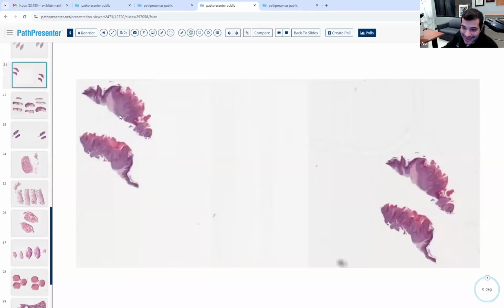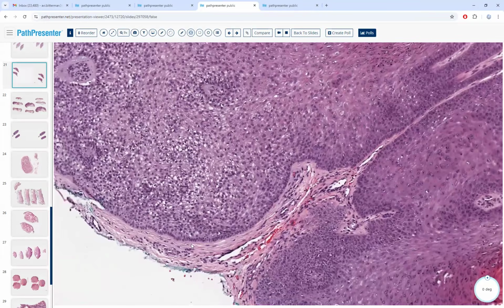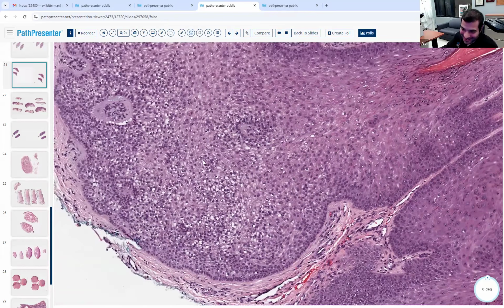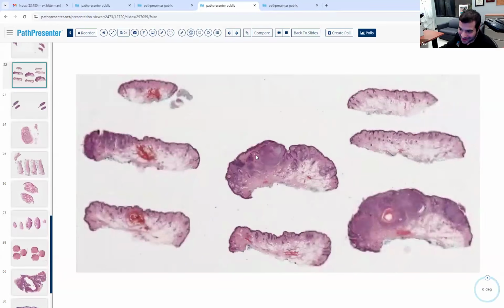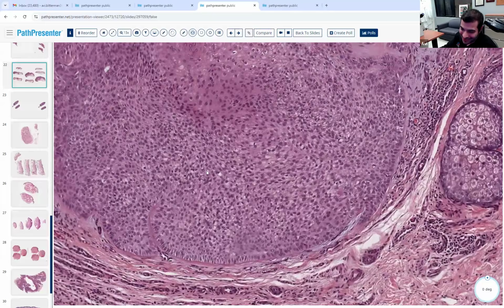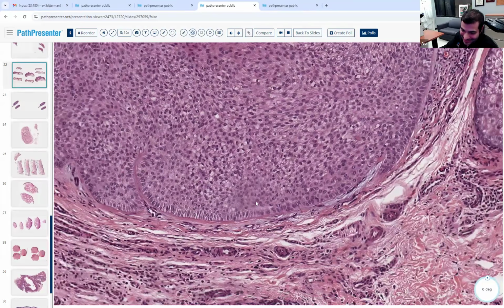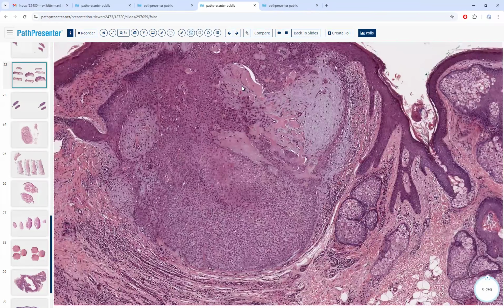And if we just go back to this example, what did we see? Very similar. The same thing. Peripheral palisading. All this glycogenated area is more glycogenated as you go down the tumor. As we go further down, it's more outer root sheath differentiation. So this is a trichilemmoma, but just less warty at the surface.